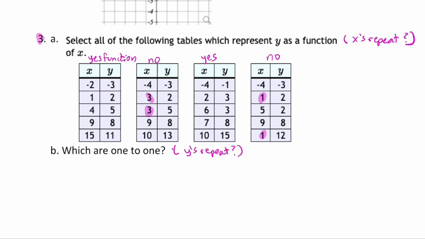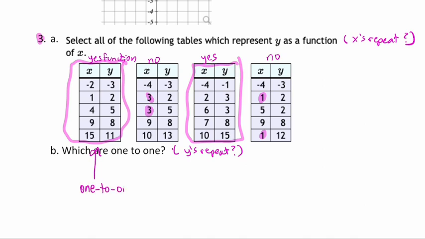If the y's are all different in our charts, now remember, we only care at this point about only the yeses. So we only get to check those 2 charts. And so in table A, you will notice all of our y's are different. So our first one is one-to-one. But our third one here, do you see how we have these 3's that repeat? So this one is not one-to-one.